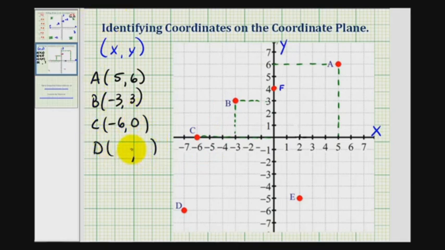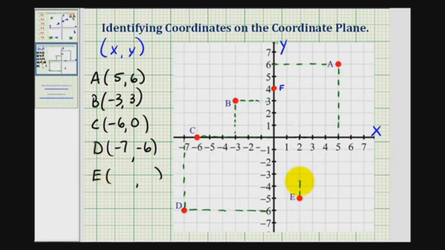D, the location D, we trace to the horizontal axis or the x-axis, and that falls at the mark -7. And then we also trace to the y-axis, which gives us -6. You can see it's actually in the third quadrant, which is (-7, -6).